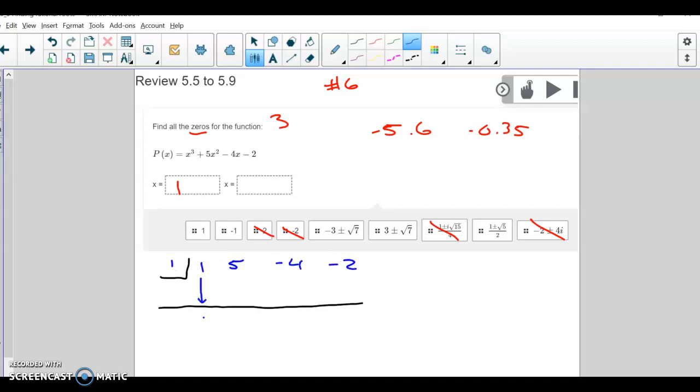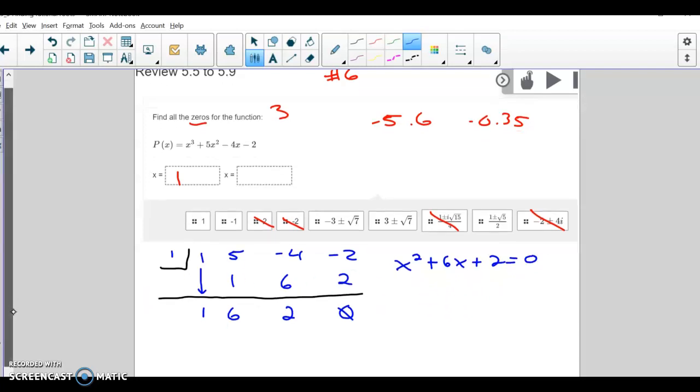Okay, so I would drop the 1, multiply with the window, add, multiply with the window, add, multiply with the window, and add. Okay, so I got remainder 0 as expected. Okay, and so what is left is x squared plus 6x plus 2, okay, equals 0, right?